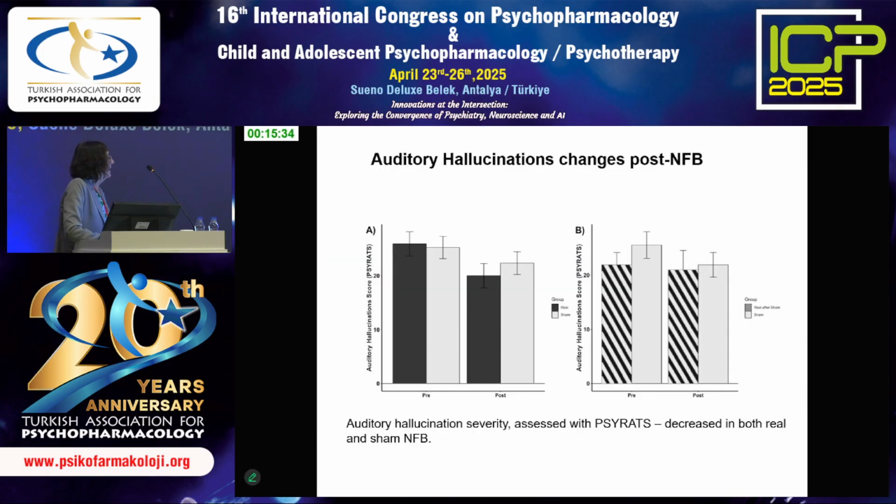So first of all, the interesting part is that we looked at auditory hallucinations pre and post neurofeedback, and actually both groups, both the real neurofeedback and the sham group, showed reductions in auditory hallucinations, which is interesting and actually understandable in the context of the effects that we have seen in our study.